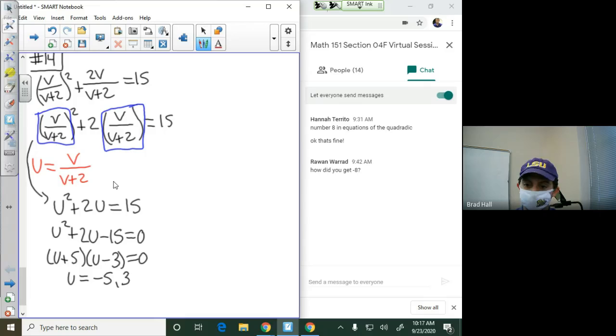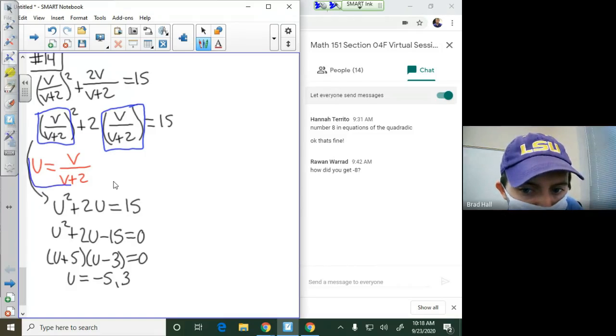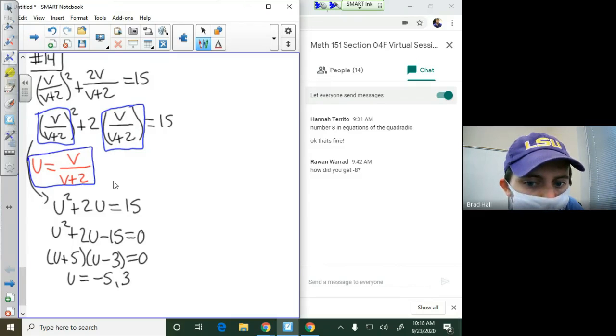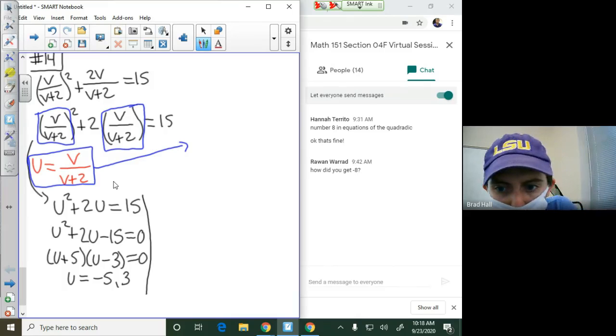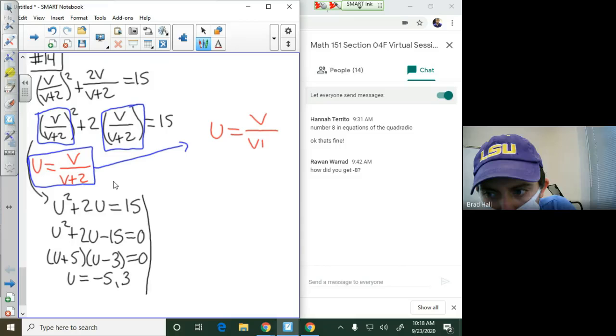So here, if anything, the quadratic itself is fairly reasonable. And now we need to go back to x values, or rather, technically v values. So we need to bring our rule back. So the rule is u is equal to v over v plus 2.